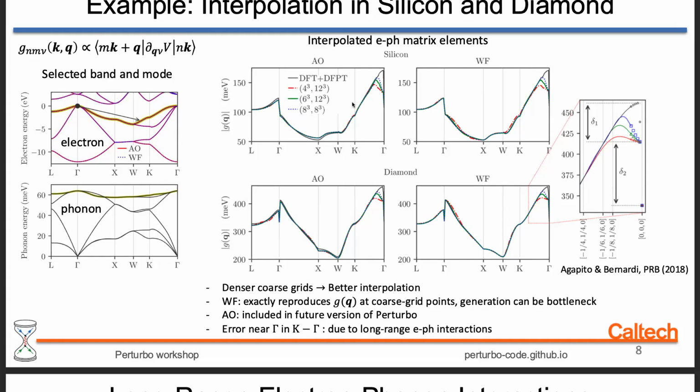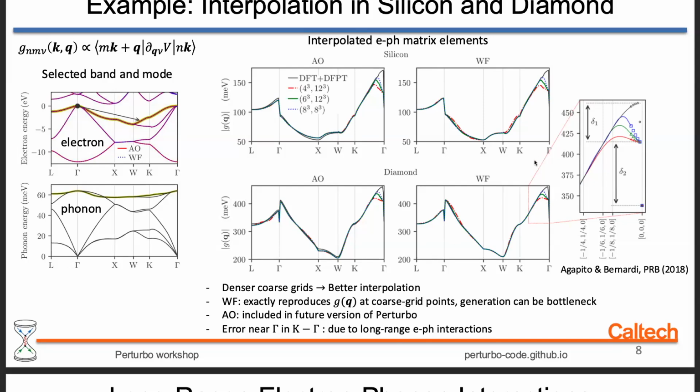Whether you use atomic orbitals or Wannier functions, even for fairly coarse grids, the result is very accurate. The main discrepancy is at this K to gamma point, and that's due to longer range contributions to electron phonon interactions.